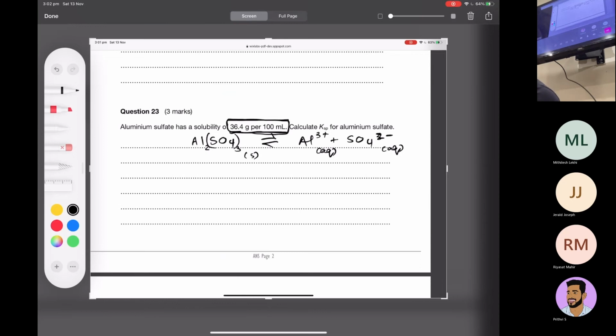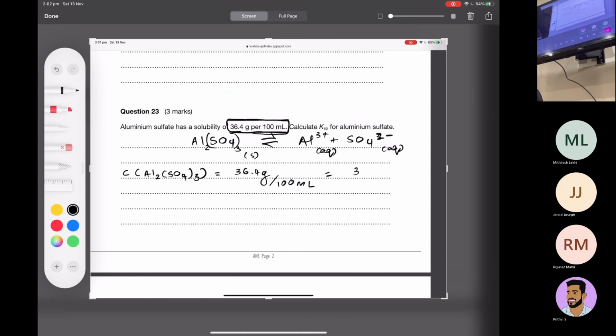Prabhat? 34 grams per 100 ml. What is that? It's a concentration, right? That's what I want you all to think and understand. So you've got a concentration here. Concentration of this value is 36.4 grams per 100 ml. So what's the mass per liter?